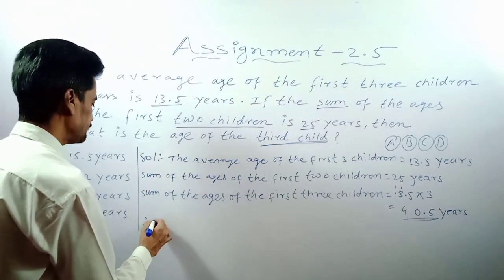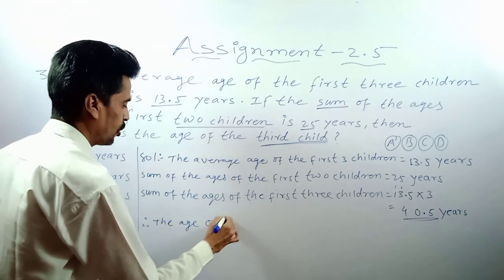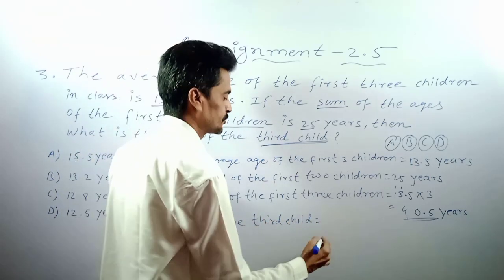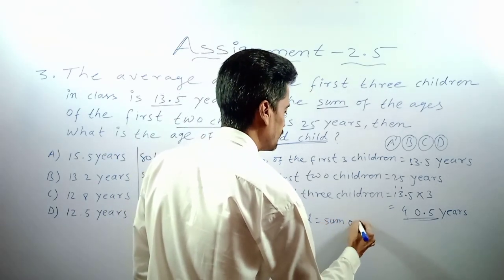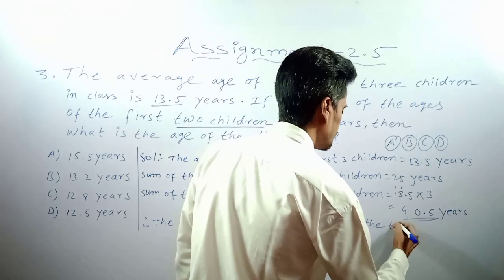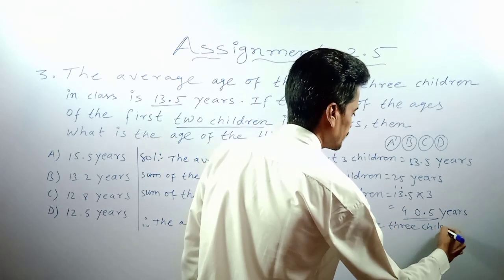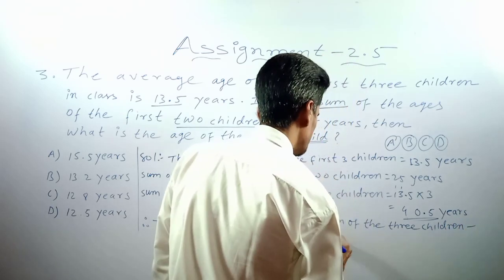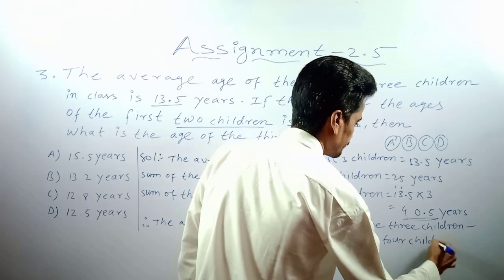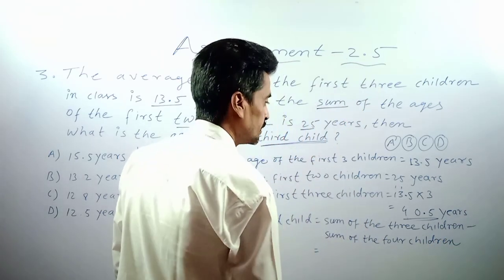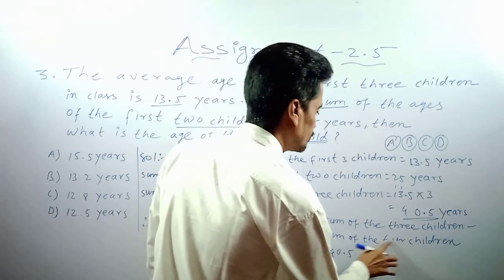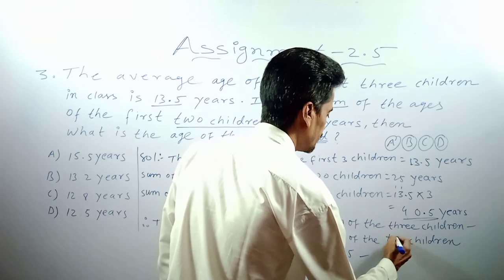Therefore, the formula here: the age of the third child equals sum of the three children minus sum of the two children, which equals 40.5 minus the sum of the two children.